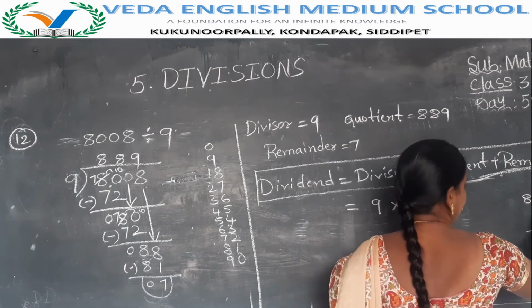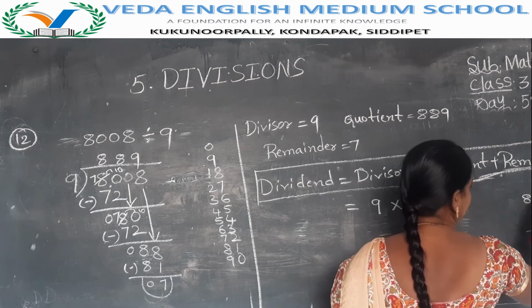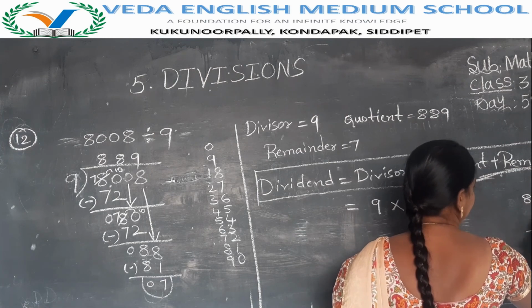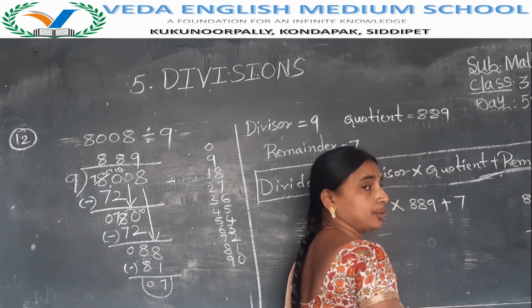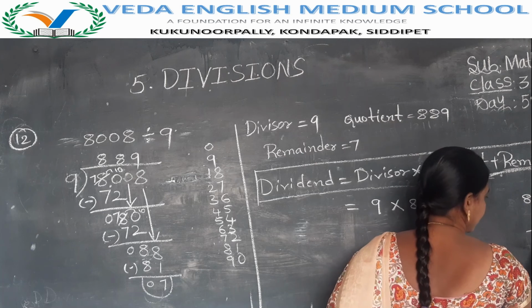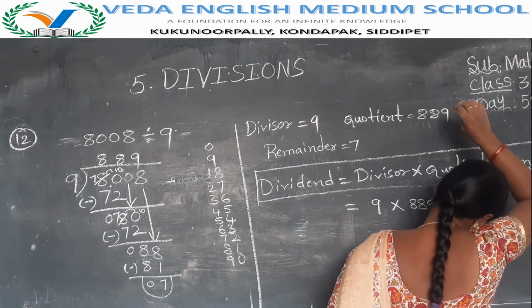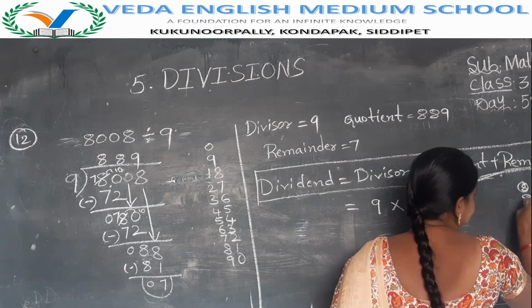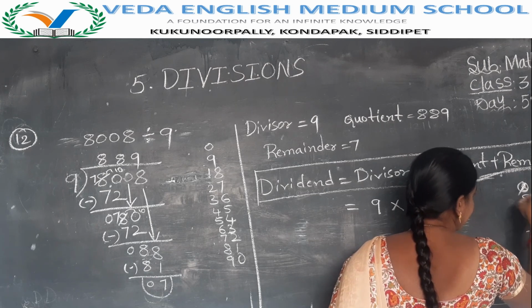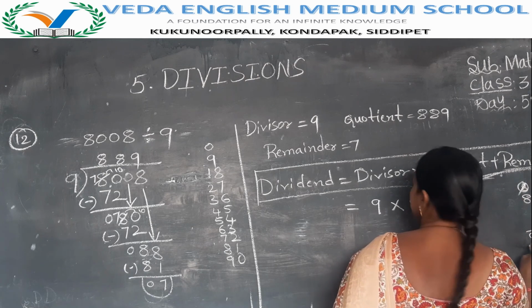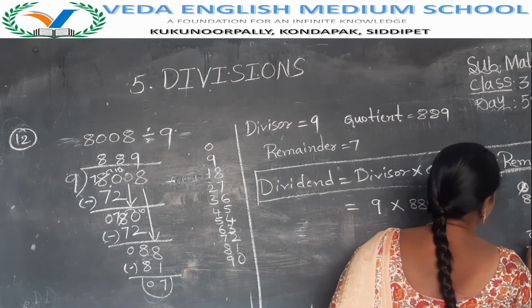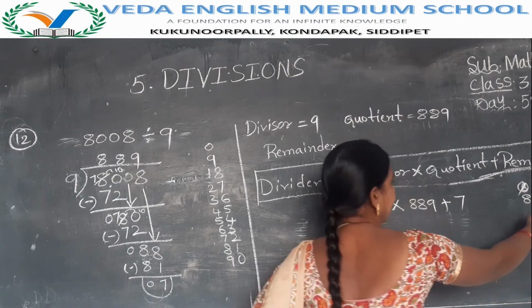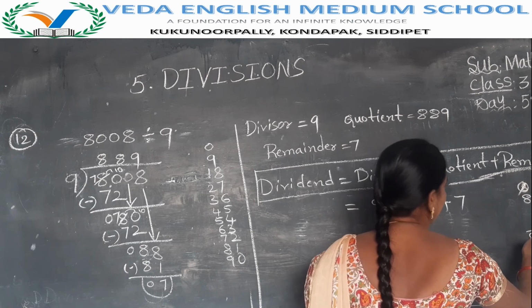First, 9 nines are 81, so 1 here, 8 carry. 9 eights are 72, 72 plus 8 is 80. So we have 0, 8 here. 9 eights are 72, 72 plus 8 is 80. So 80.